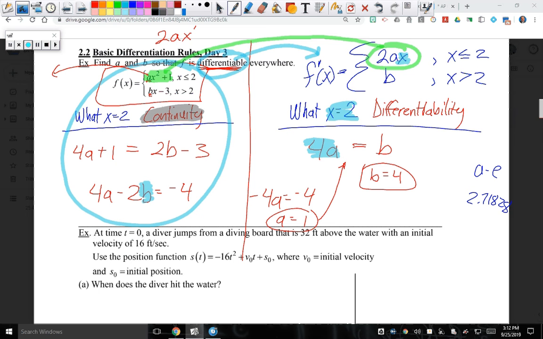Move the a over here near the door. Because I'm trying to use what? I'm using constant multiple rule. You with me? So move the a off to the side, and what's the derivative of x squared? 2x. Now multiply the a back in, because of constant multiple rule, and that can help you see it a little easier sometimes.